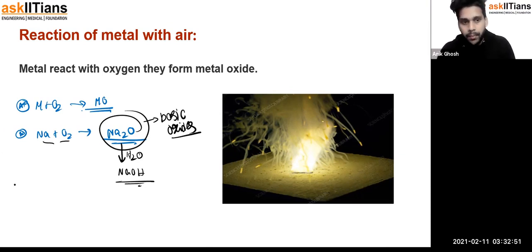But there are some metal oxides like Al2O3 that are amphoteric in nature.